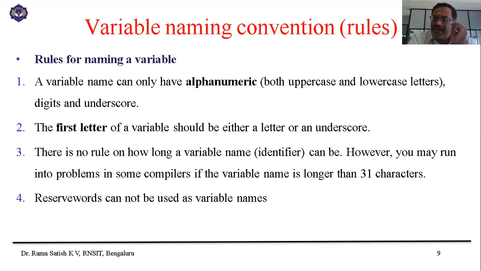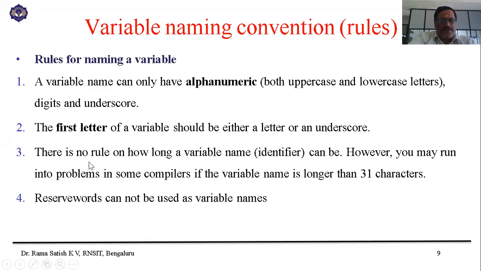Alphanumeric means it can have uppercase and lowercase characters plus numbers, but the first letter should always be a letter, an alphabet. It can have numbers later. It can start with an alphabet or underscore. It can have an underscore.